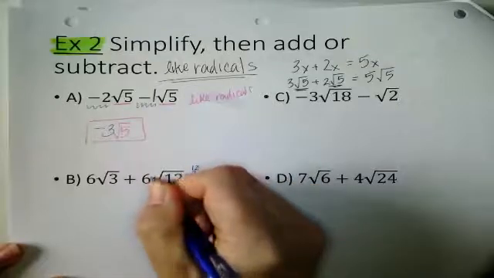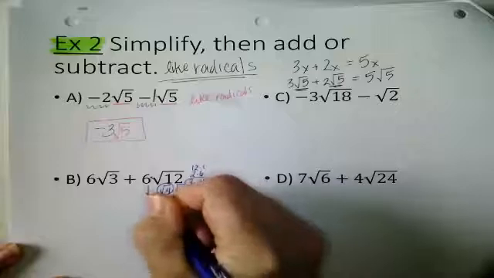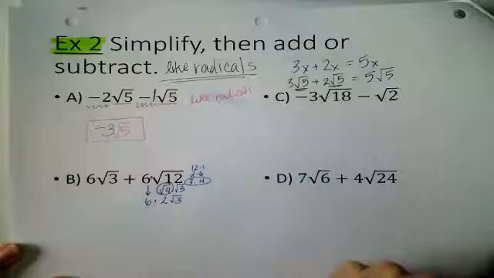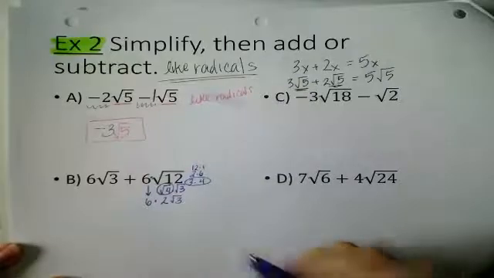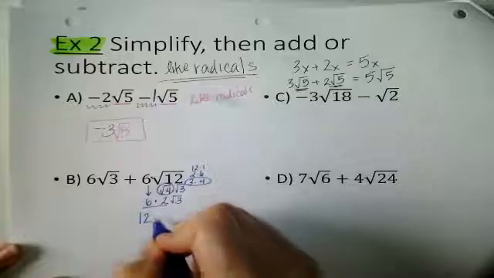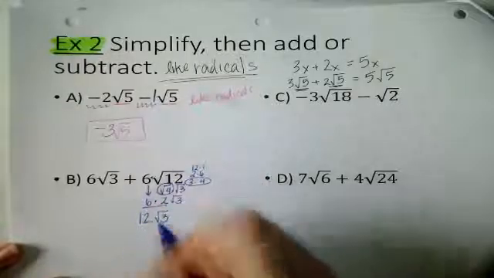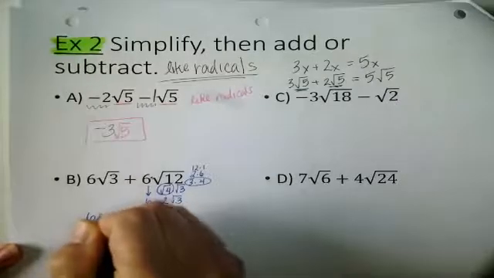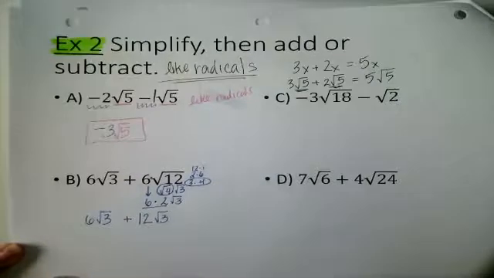This is 6 times the radical. So we're going to bring that 6 down as well. So it becomes 6 times 2 radical 3. Well, and 6 times 2 is 12. So 12 radical 3 is what that term simplifies to. And now I can add it to the 6 radical 3.